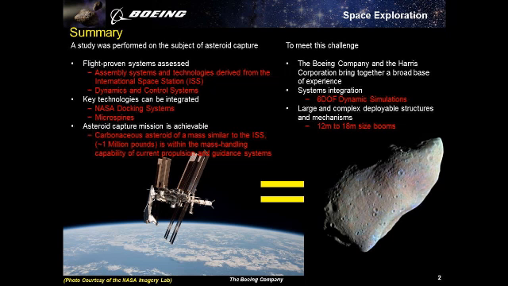If we choose a mission to an asteroid with a mass of 1 million pounds, this is equivalent in mass to the International Space Station, and it is well within the capability of propulsion and guidance systems to control it and to redirect it. To meet this challenge, the Boeing Company and the Harris Corporation bring together a broad base of experience in systems integration.